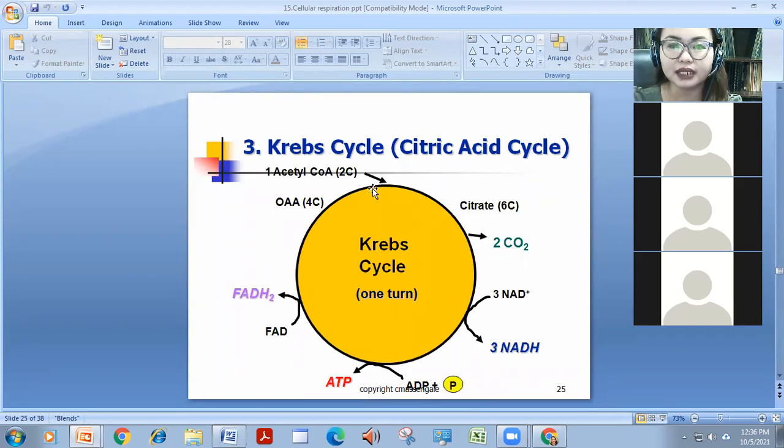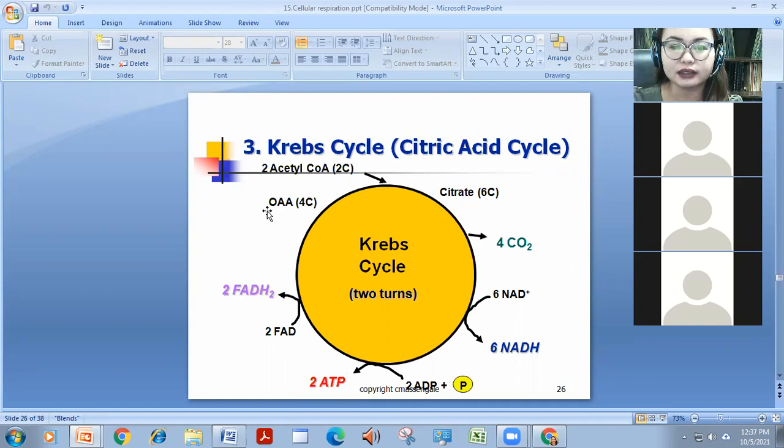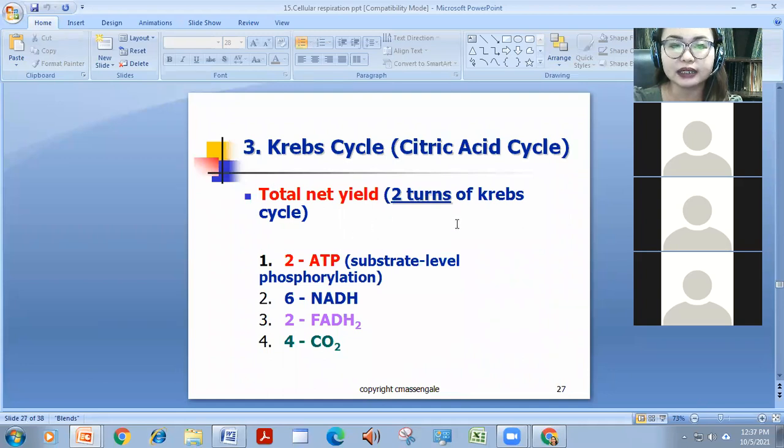This is what happens in the whole process: the acetyl is converted into citrate and so on, producing ATP, NADH, and FADH2 to become oxaloacetate again. This is just for one turn, and in the second turn it produces citrate again. The total net yield is 2 ATP, 6 NADH, 2 FADH2, and 4 carbon dioxide.